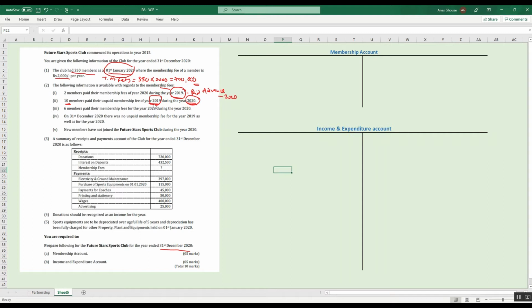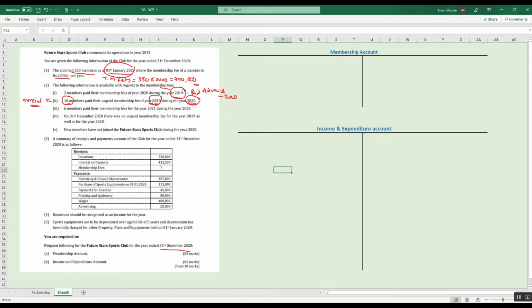So in 2019 these amounts were in arrears. These 10 members did not pay in 2019, however they paid in 2020.